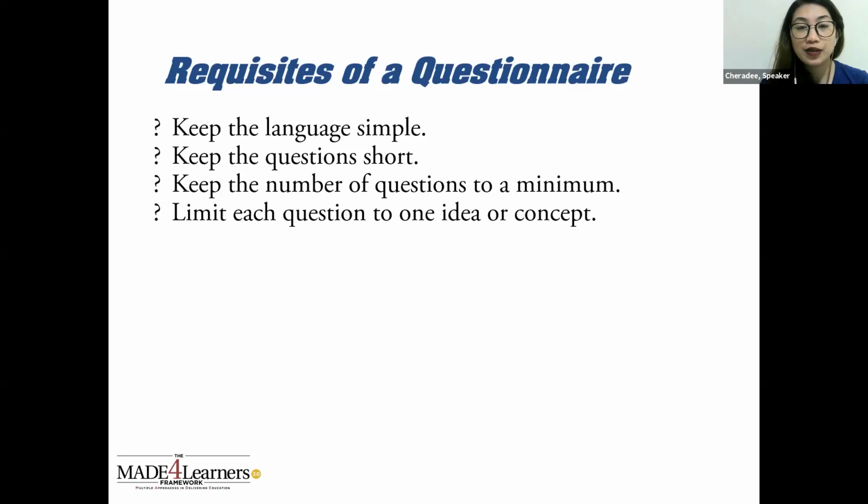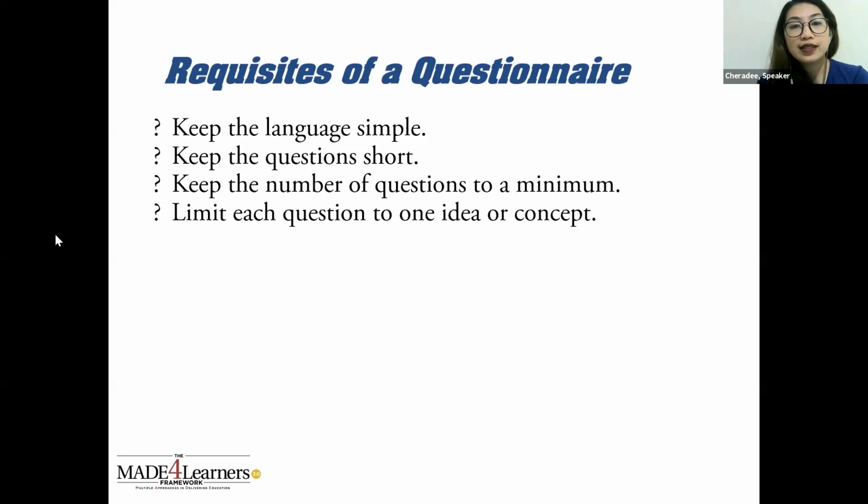You should not oblige the respondent to answer questions that are irrelevant to his answer. That is why you have to be your own respondent. So you try to answer on your own first before you hand it out to others.